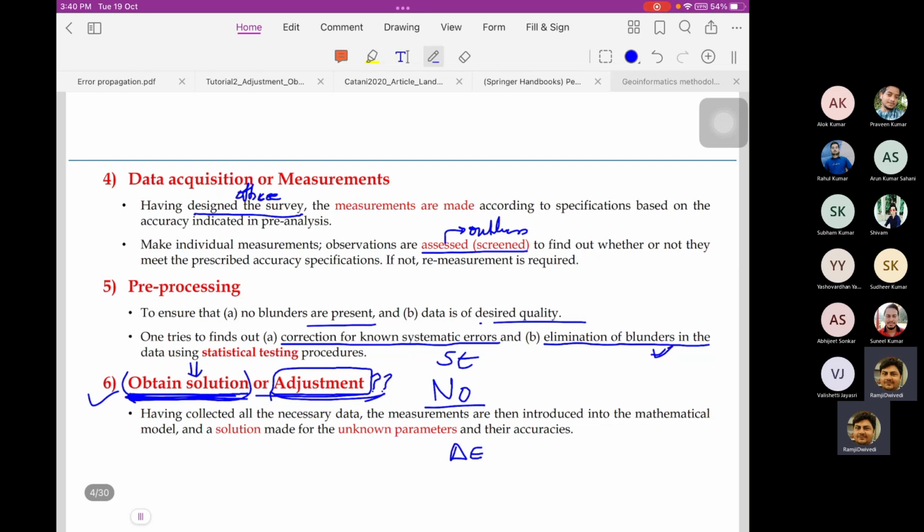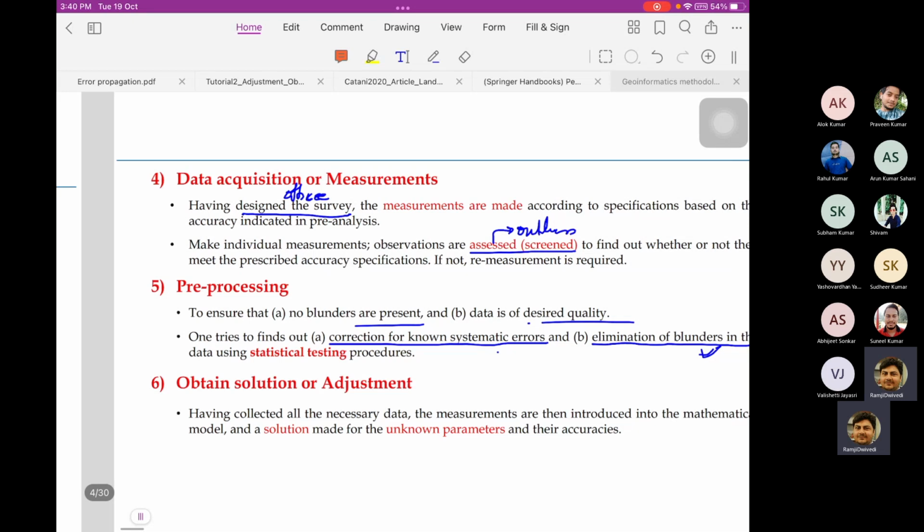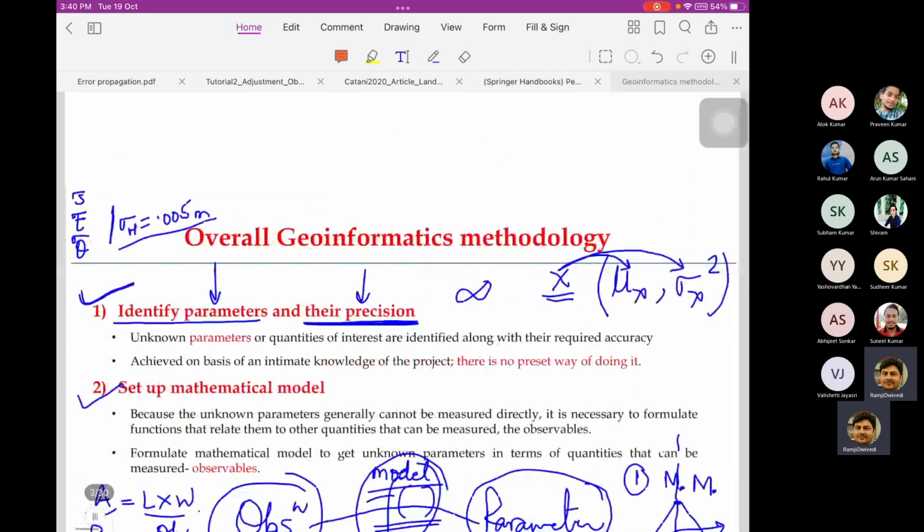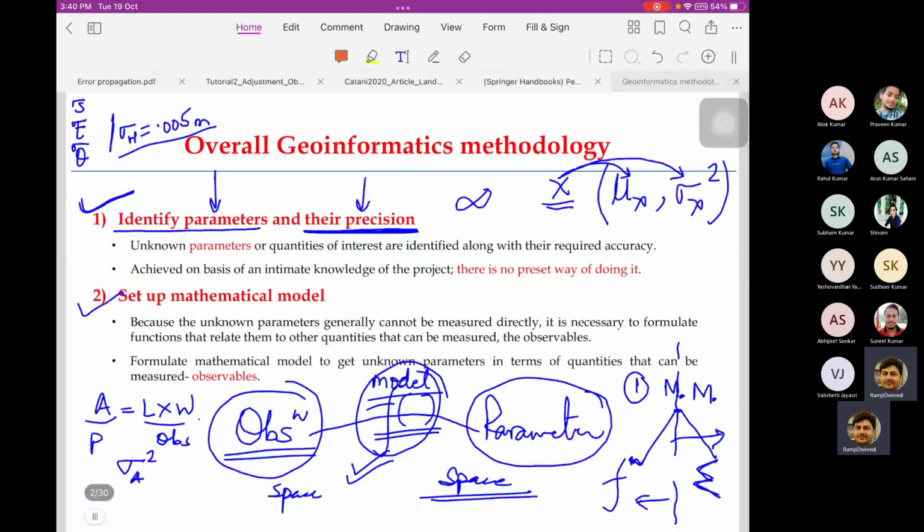See, from the first step onwards, we know that we have to do a mapping between observation space and your functional space, isn't it? That's what we have given you in this particular figure, that you have to map the observation space to parameter space with the help of a model space.